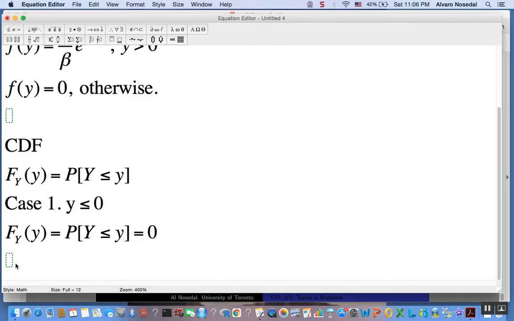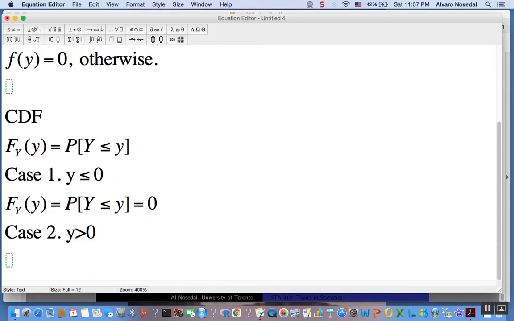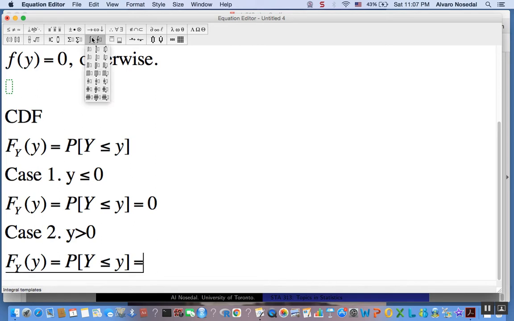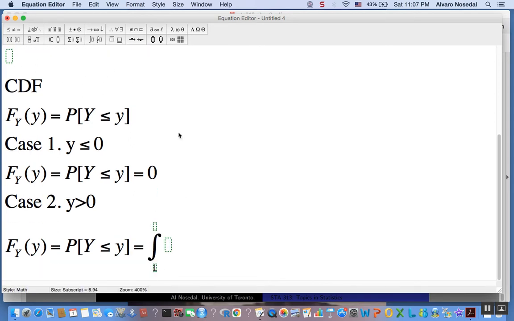Here we go, case number 2, for positive y. Let me again borrow the definition. In that case, it's just the integral from negative infinity to y of the PDF.